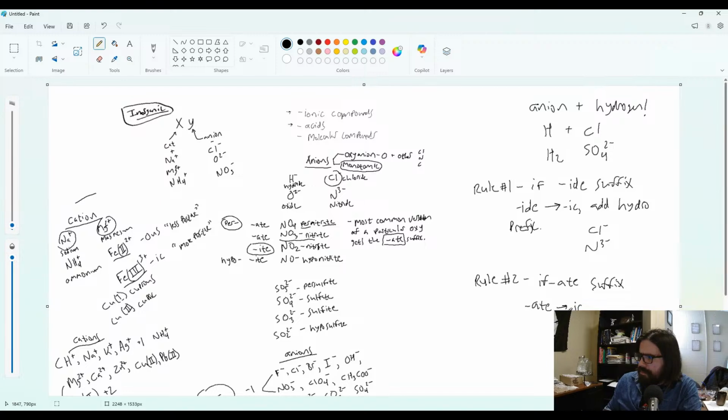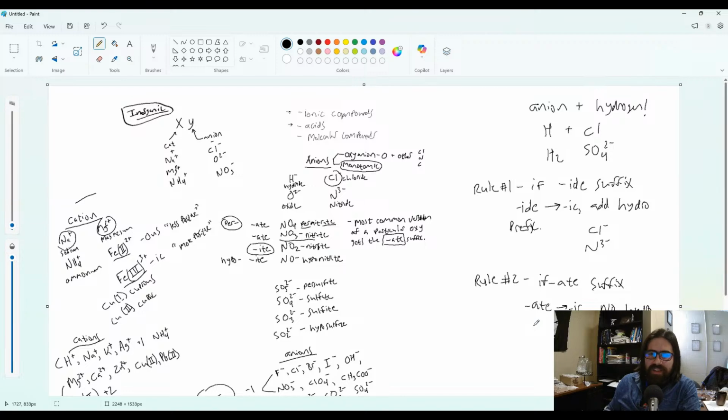You don't add the hydro. So nitrate becomes nitric acid. NO3 becomes nitric acid. Persulfate becomes persulfic acid. Pernitrate becomes pernitric acid.